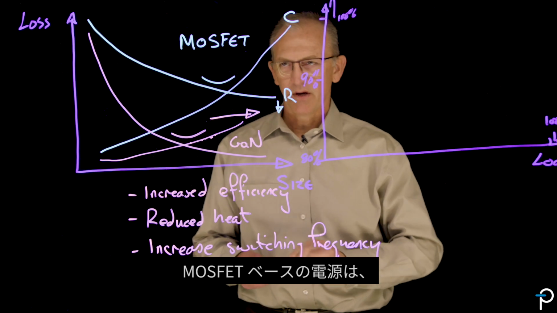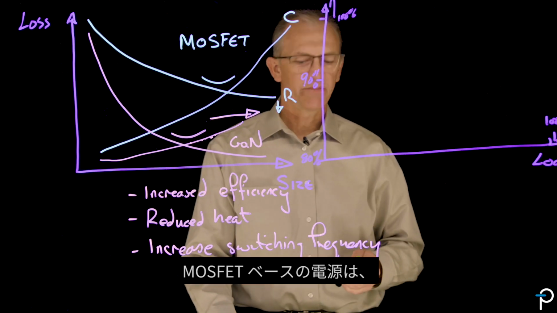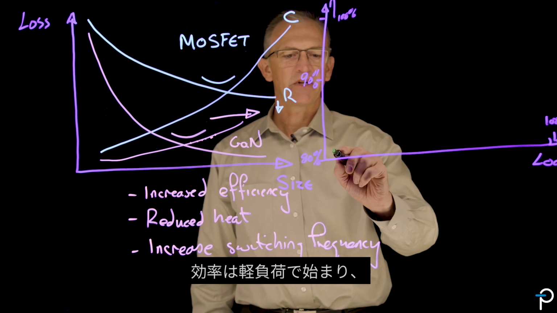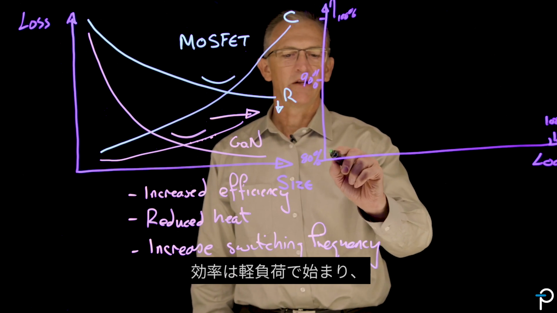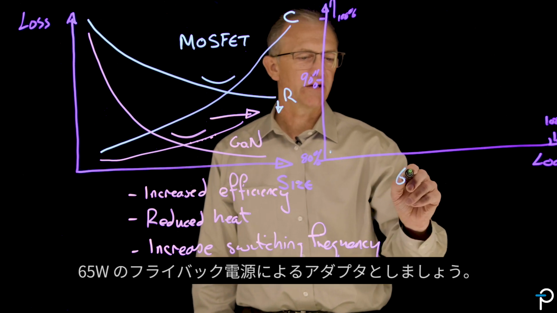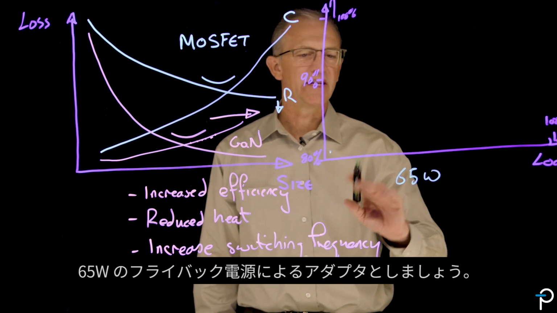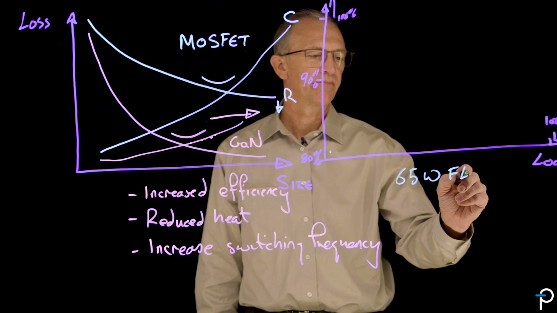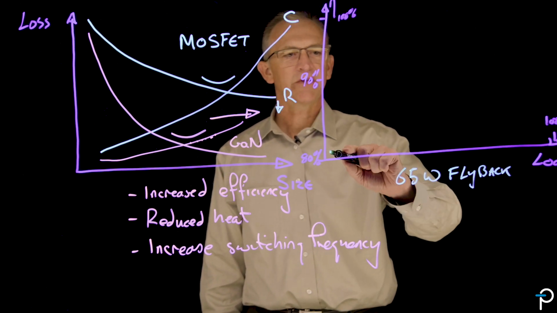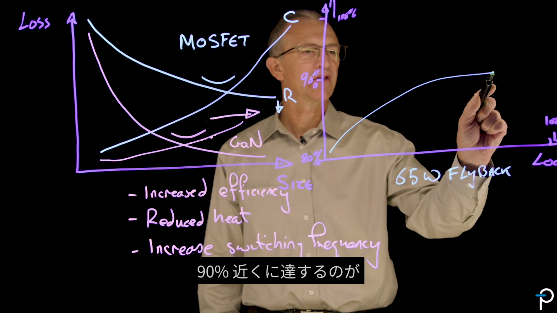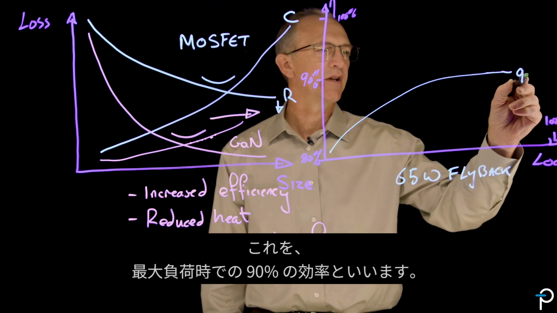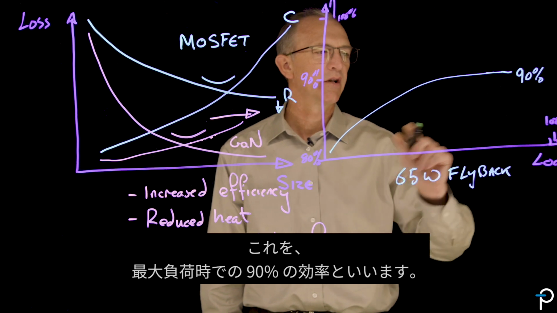So a MOSFET-based power supply has an efficiency starting at light load in the low 80s. Let's take a 65 watt adapter flyback. And we're going to see it approaching 90%. So let's call it 90% efficient at full load.